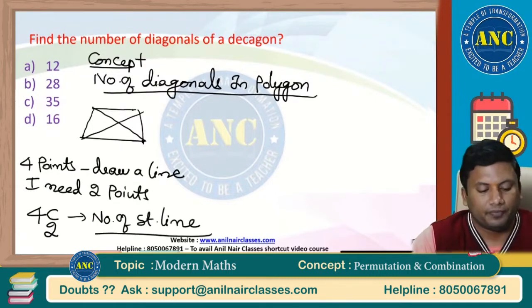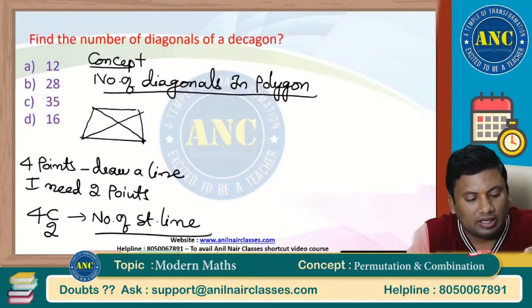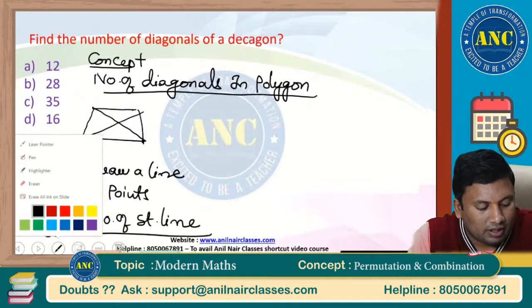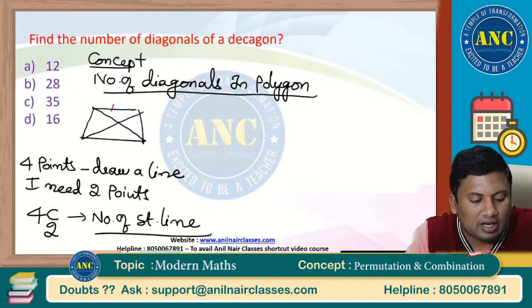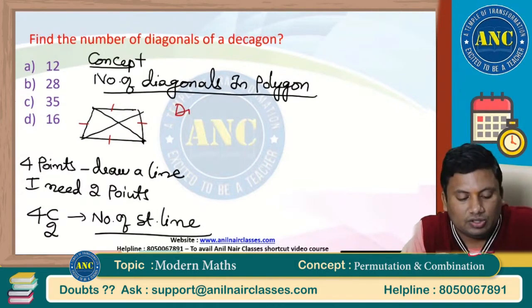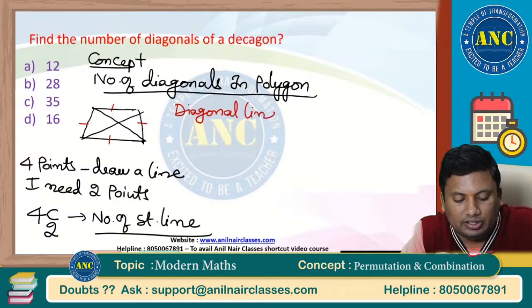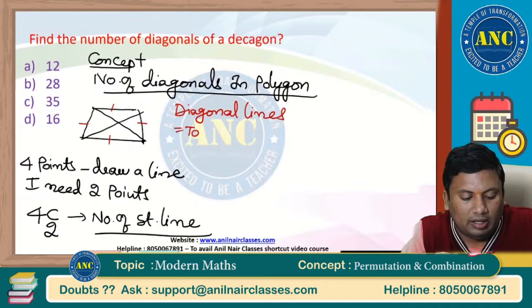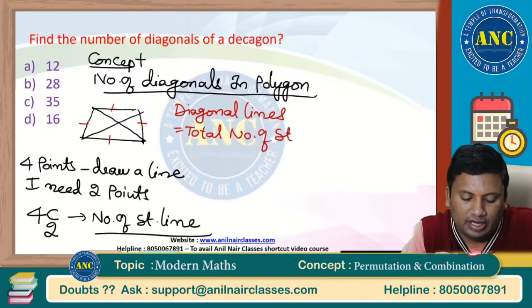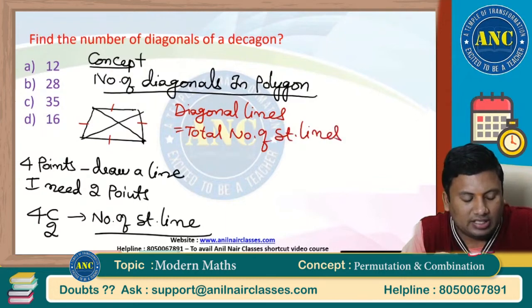Yes or no? In these 4 points, these are called adjacent lines. These are called diagonal lines. So diagonal lines is nothing but total number of straight lines minus adjacent lines.